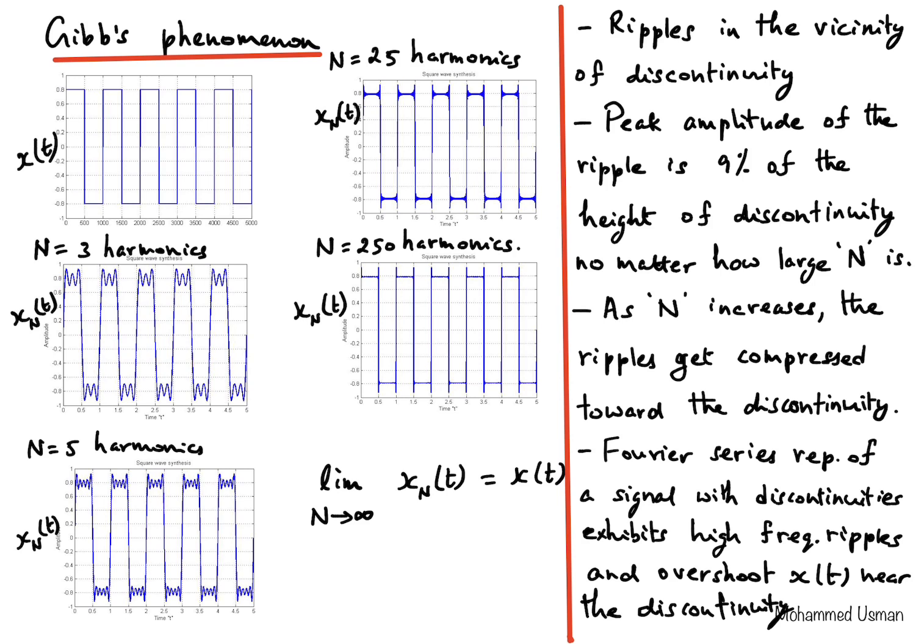So basically these ripples that we see in the Fourier series representation of a periodic but discontinuous signal, a signal which has discontinuities, are called the Gibbs phenomenon. You need to be clear as to how to interpret the Gibbs phenomenon and the ripples that occur as a result of it.